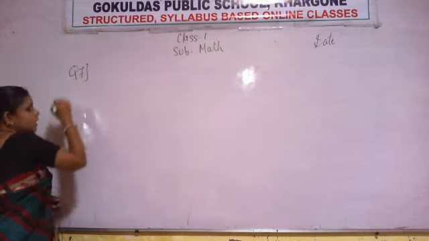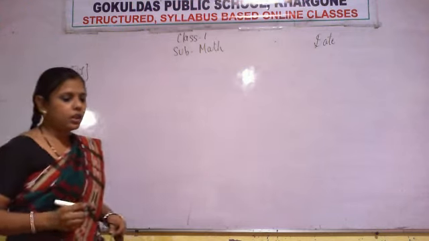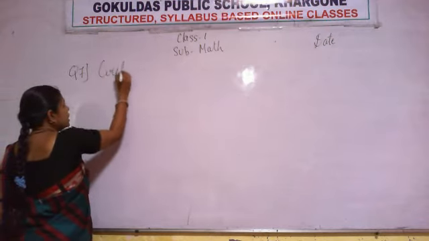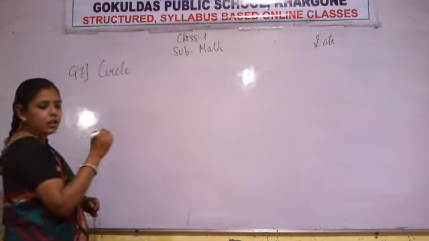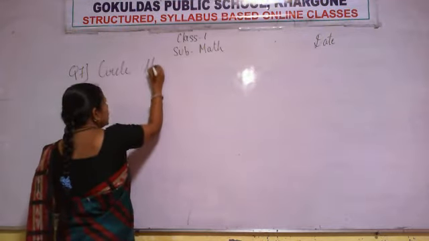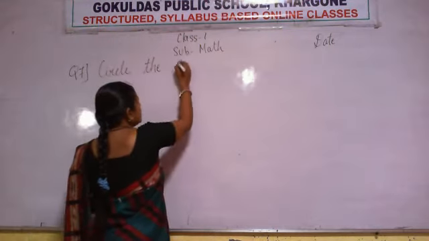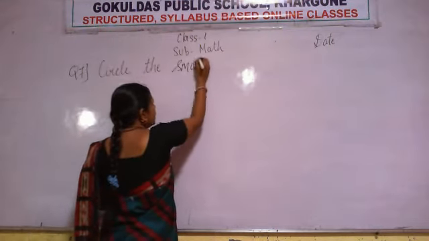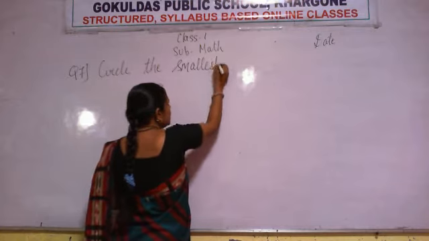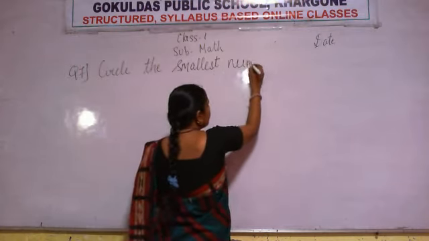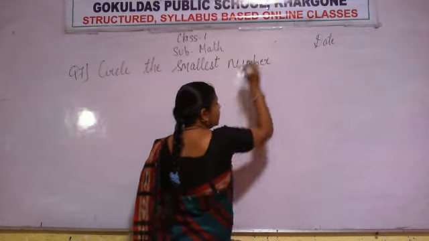Question number 7. Write with me: C-I-R-C-L-E, circle, the, smallest, S-M-A-L-L-E-S-T, smallest number, N-U-M-B-E-R, number.